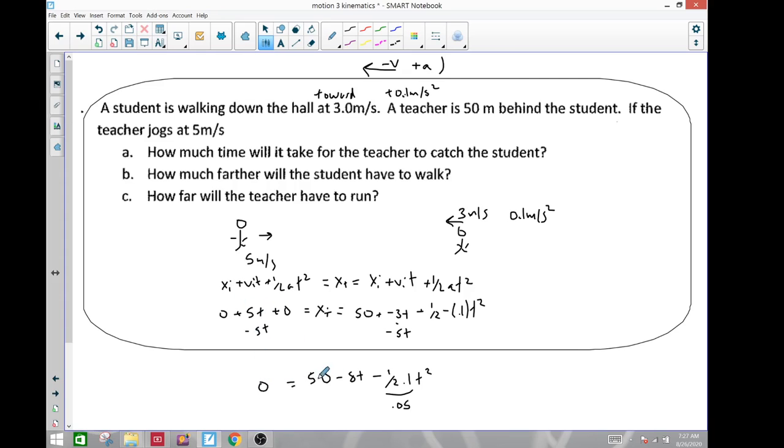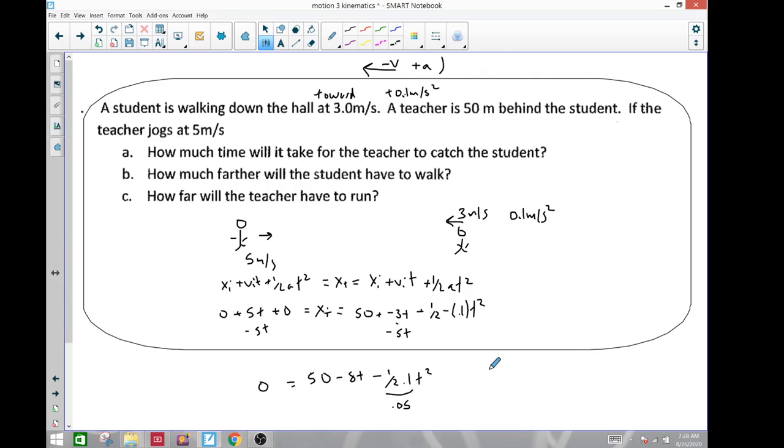So I'm not going to go through how to use the quadratic solver, but you should be using a quadratic solver on your calculator. If you don't have one, you can find it. But we have the A, B, and C components here.